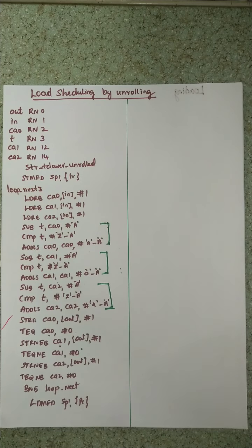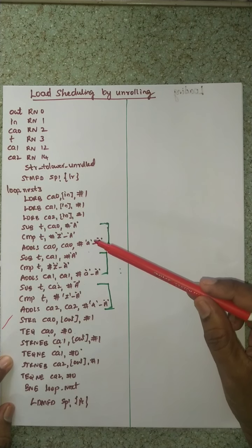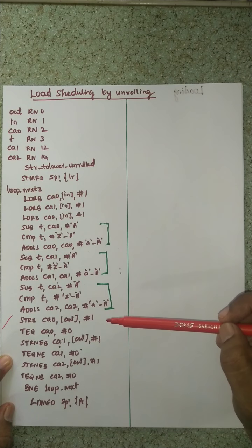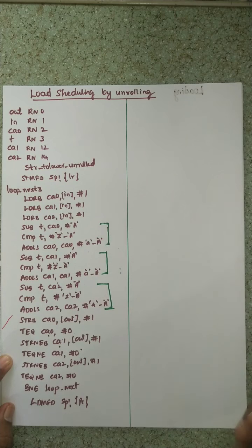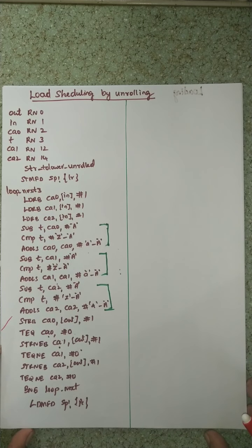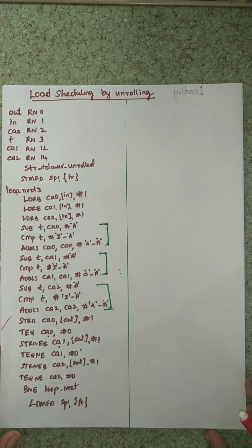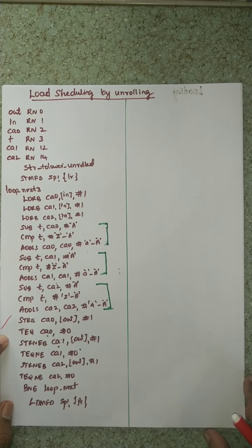In this case, the same program will be considered, but it will be written with three iterations of operations. Let me explain so you can understand the unrolling method to optimize the assembly code.